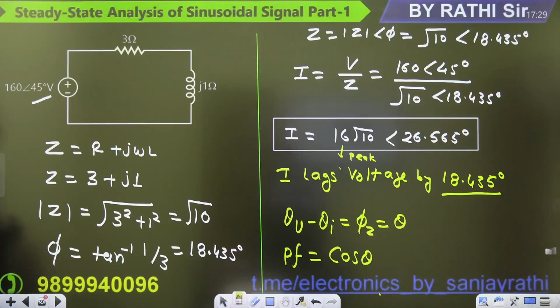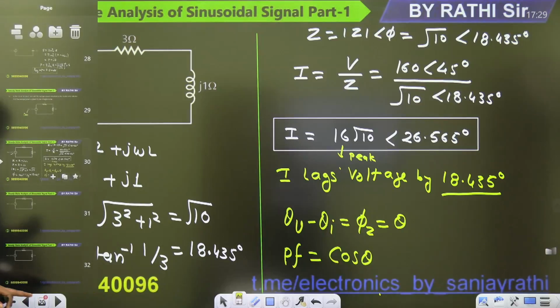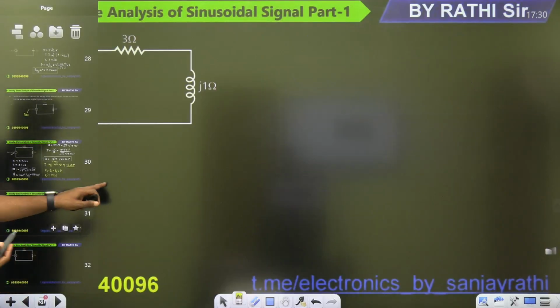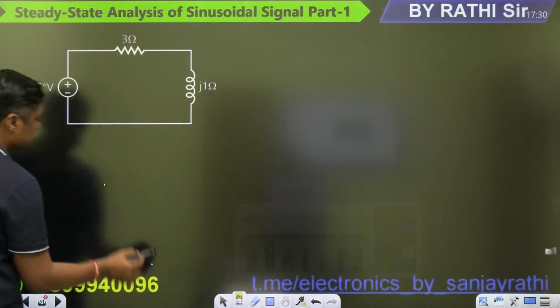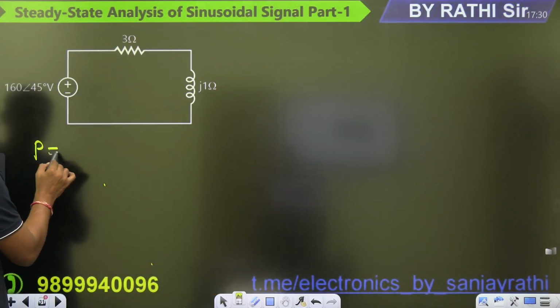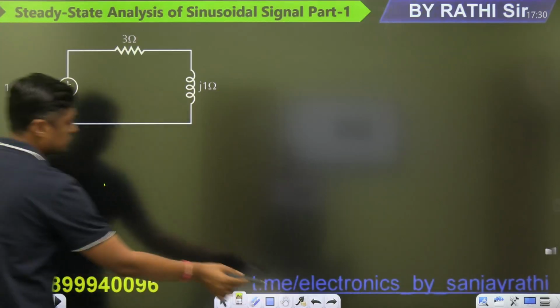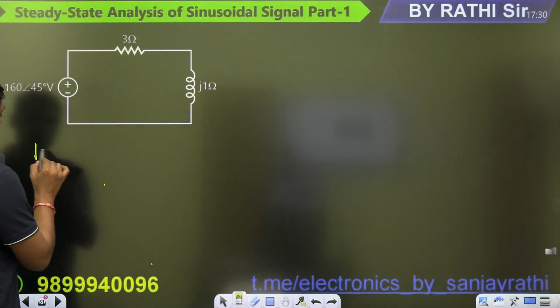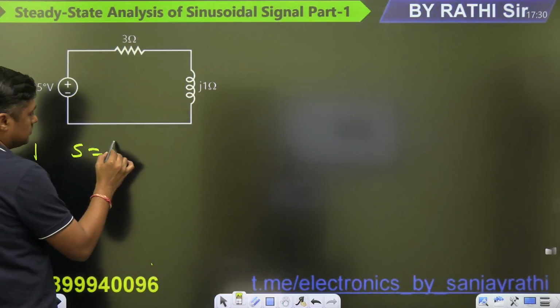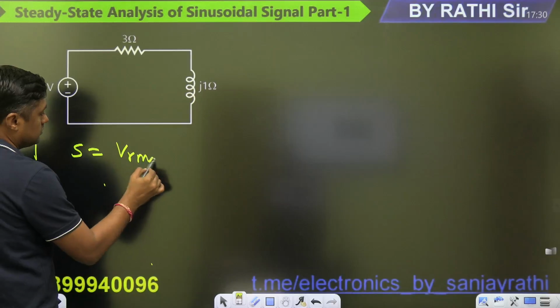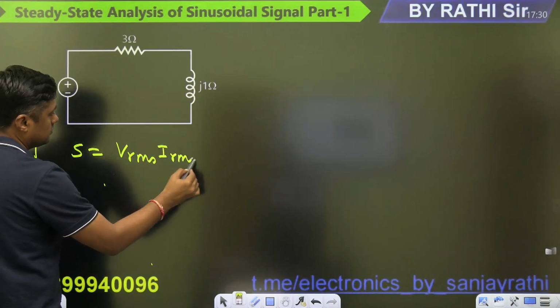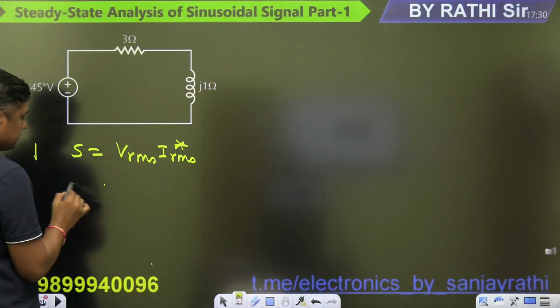Now again, what is the average power delivered by the load? You have to multiply. The average power is given by S, complex power, V into I complex conjugate.